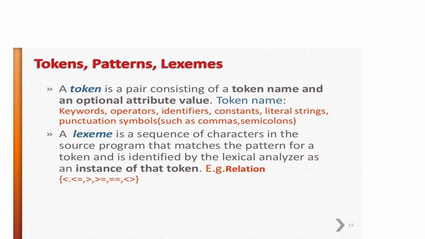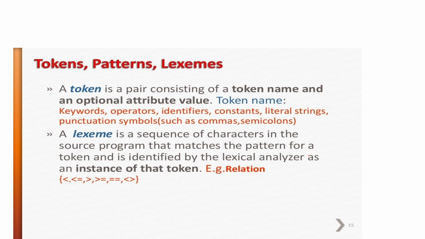What are identifiers? Any variable, for example a, pi, and similar ones are called identifiers. Then constants, literal strings, and punctuation symbols. What are punctuation symbols? Commas and semicolons. These things are called tokens.